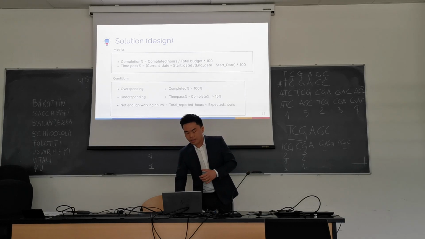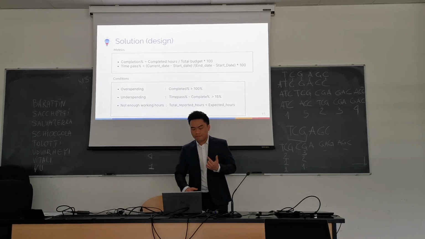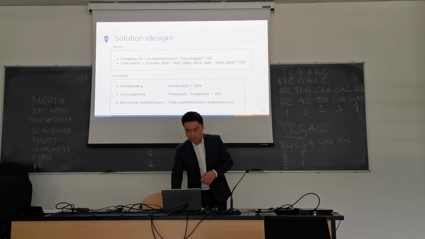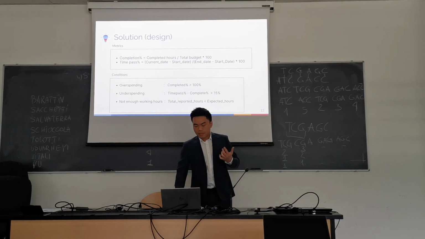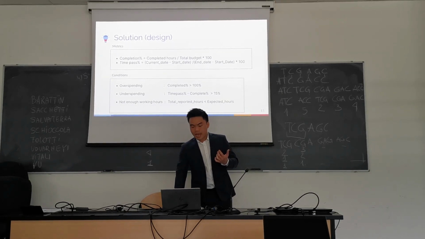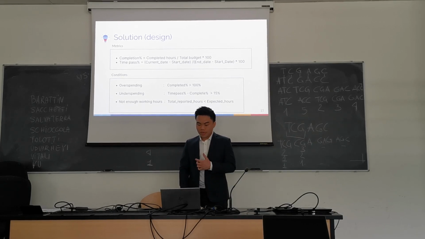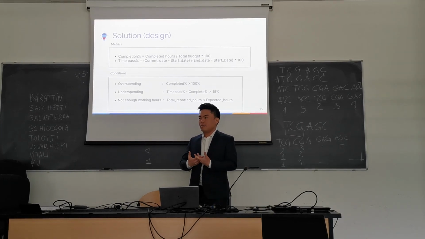By comparing these two metrics, it helps me indicate potential problems. Based on the two metrics, I can identify if a task is overspending, which means the recorded hours are more than the budget hours.